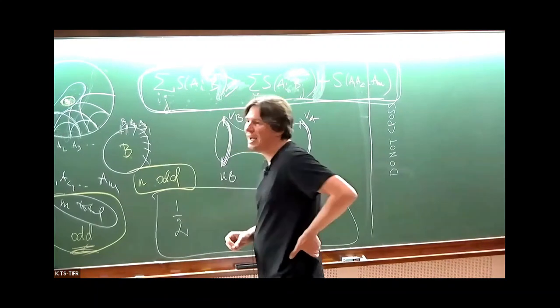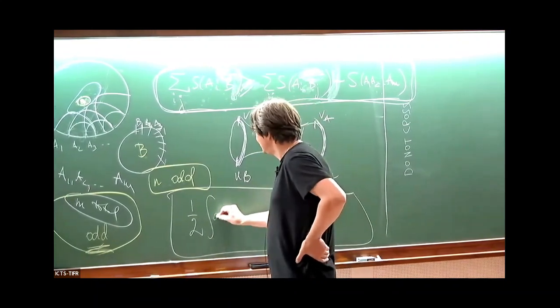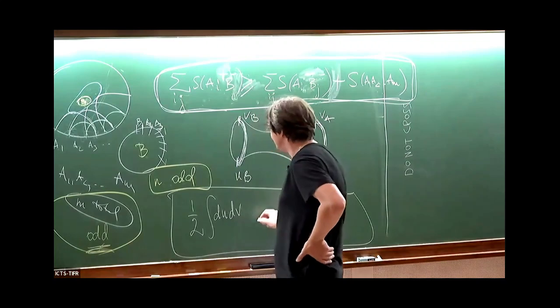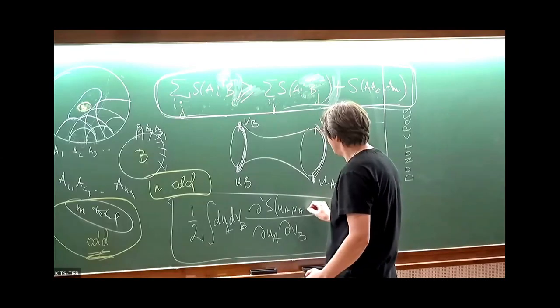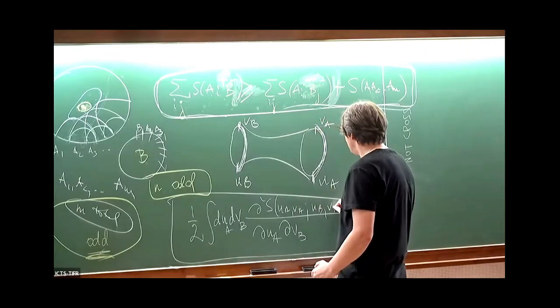There is still a 1/2 like before, and I'm still taking an integral over du dv. I'm still taking a second partial of the entanglement entropy with respect to a u and a v. But I have these indices, UA and UB, now. So the right combination turns out to be UA, VB, UA, VA, and UB, VB.